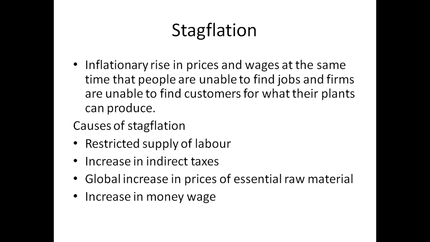Point number two is increase in the indirect taxes. When higher indirect taxes are imposed, the prices of the products become very high. Suppose the price of a pencil is 10 rupees, that price includes the cost of the pencil, 5 rupees, and 5 rupees of tax. Ultimately the price increases because of indirect taxes.